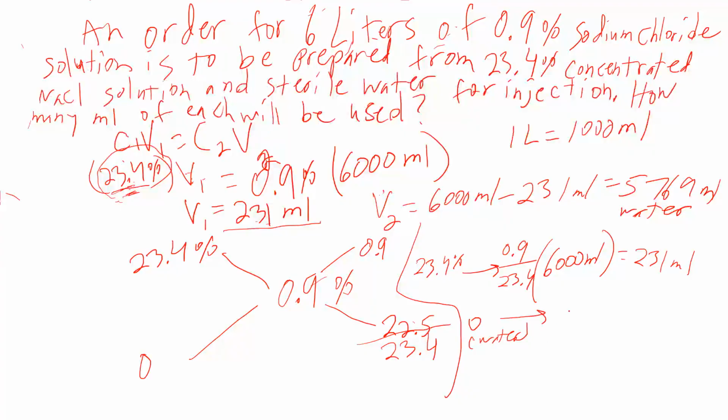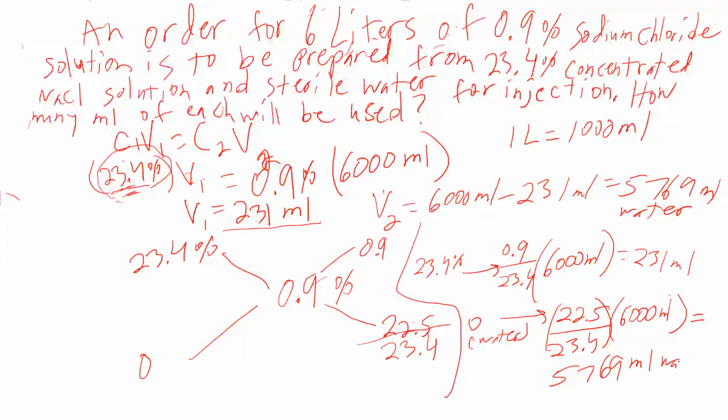you just say 22.5 over 23.4, and multiply by 6,000, and that is 5769 mils of water.